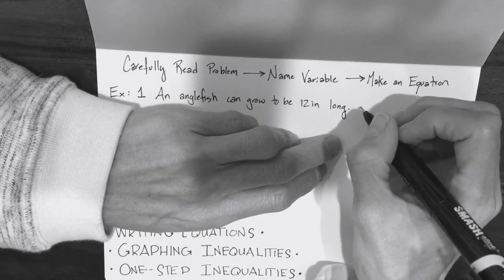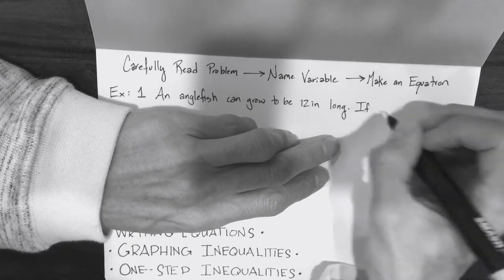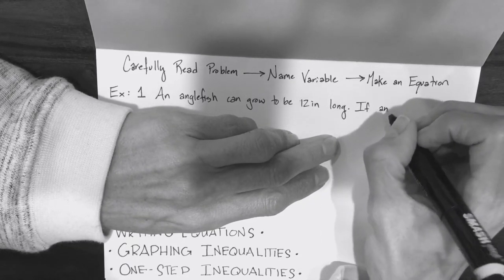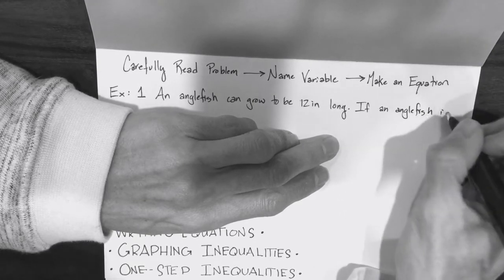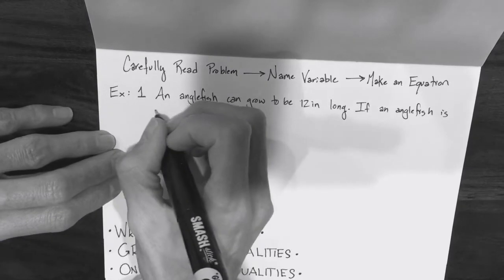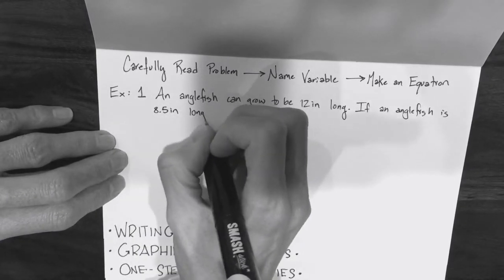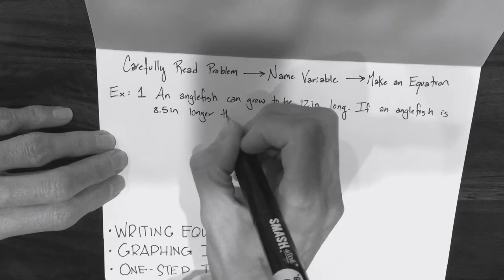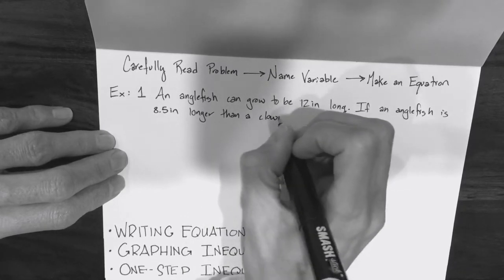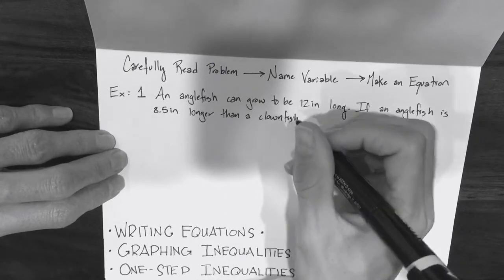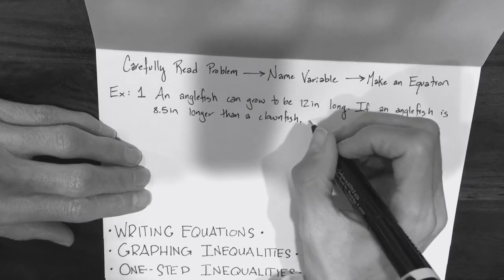If an angelfish is 8.5 inches longer than a clownfish, how long is a clownfish?